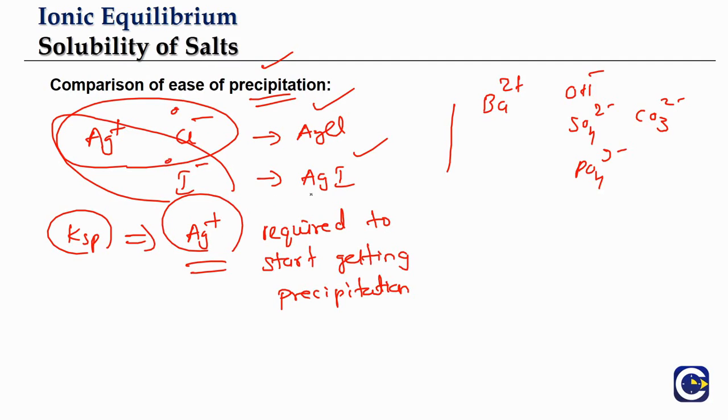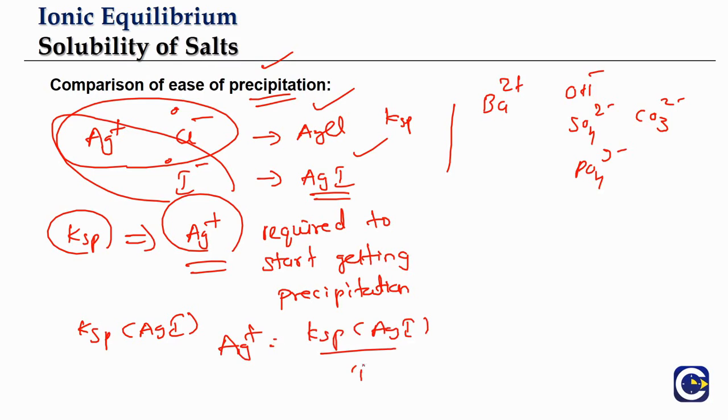If you know the Ksp value of AgCl and Cl- concentration, we can find what is the Ag+ required to start precipitation. Similarly, if you know the Ksp value of AgI and I- ion concentration, simply if we divide, Ksp of AgI divided by the I- ion concentration will give us the Ag+ required to start having the precipitation.